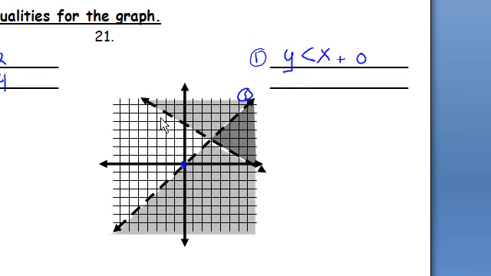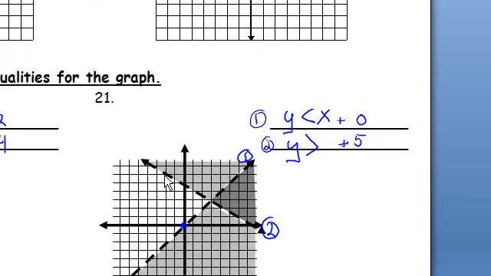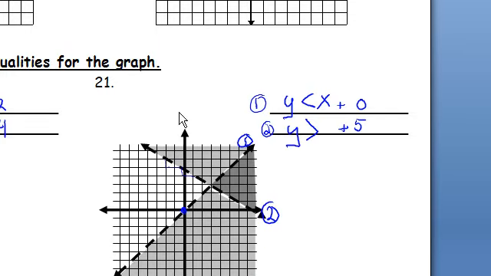And our second line here, line number 2, it looks like everything's shaded above it, and it's dotted, so it'll be y is greater than, and y-intercept of 1, 2, 3, 4, 5. So plus 5. And the slope is, wait, what is the slope?